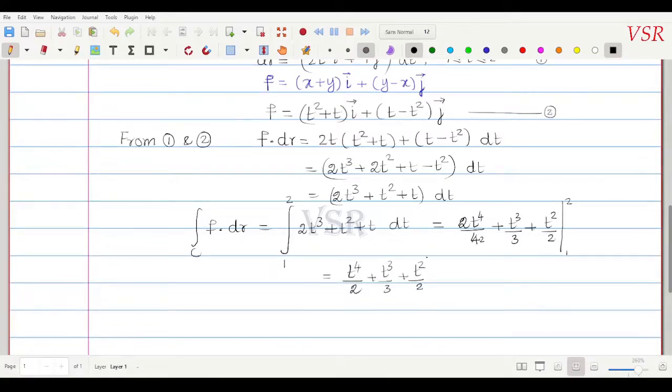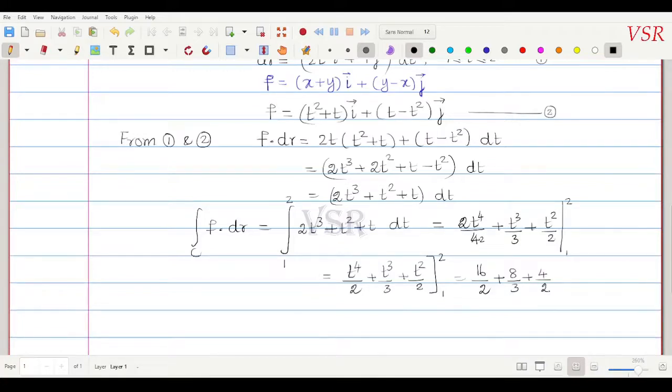I will take the limits from 1 to 2. When we put 2, what do we get? 2 into 2 is 4, 16, so 16 by 2 plus 8 by 3 plus 4 by 2.